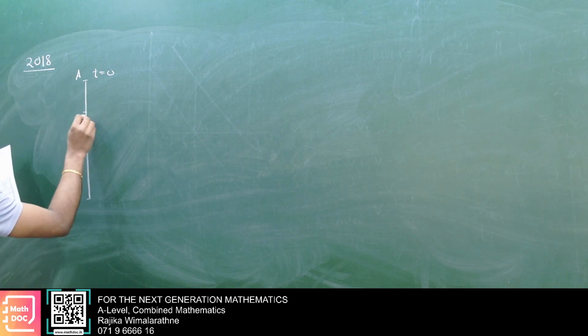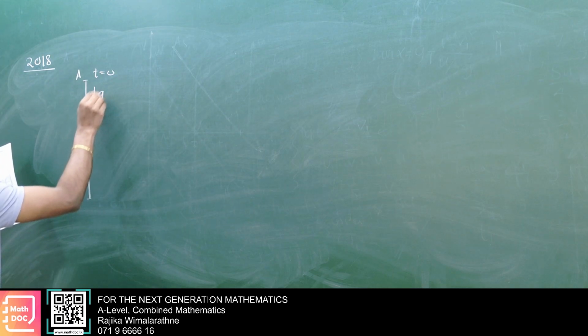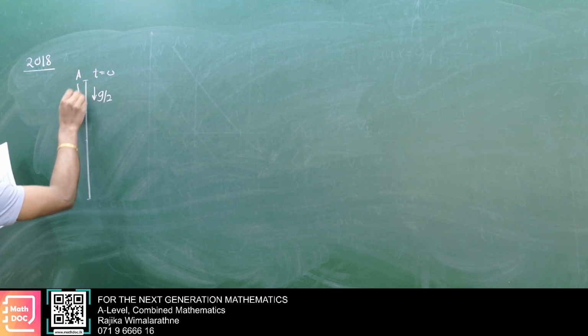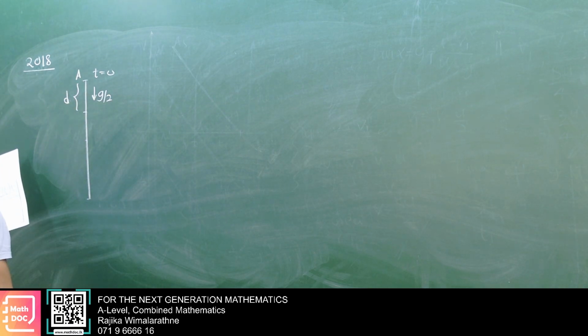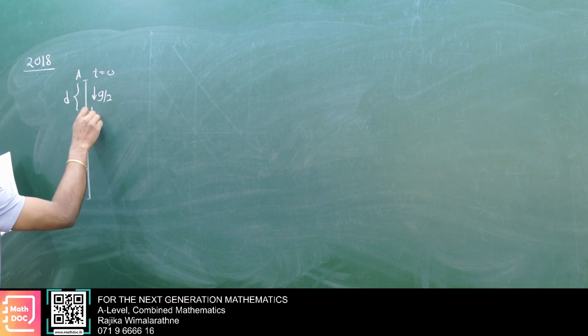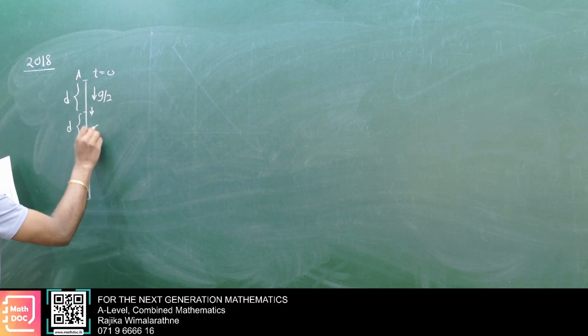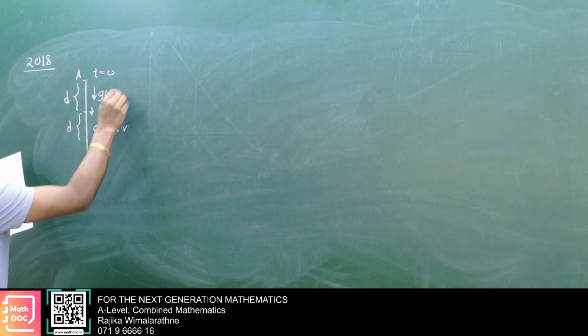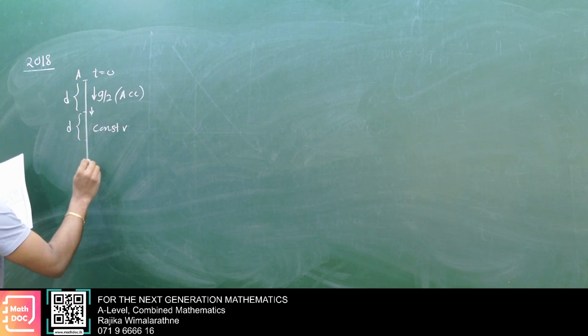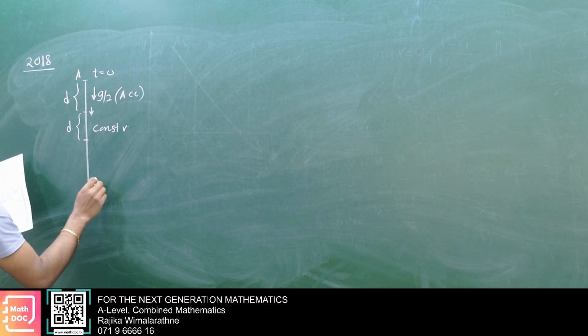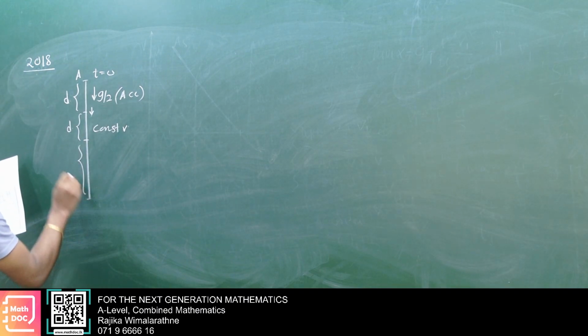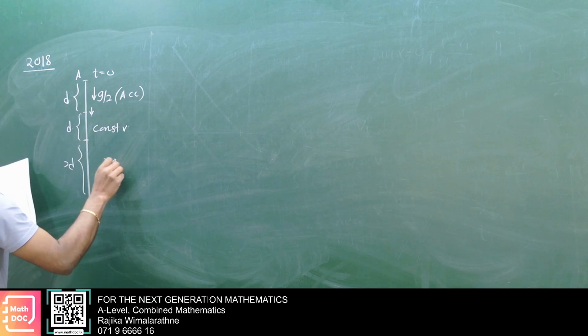Here g over 2 acceleration, another d distance moves with constant velocity. Then finally retardation, another 2d retardation.